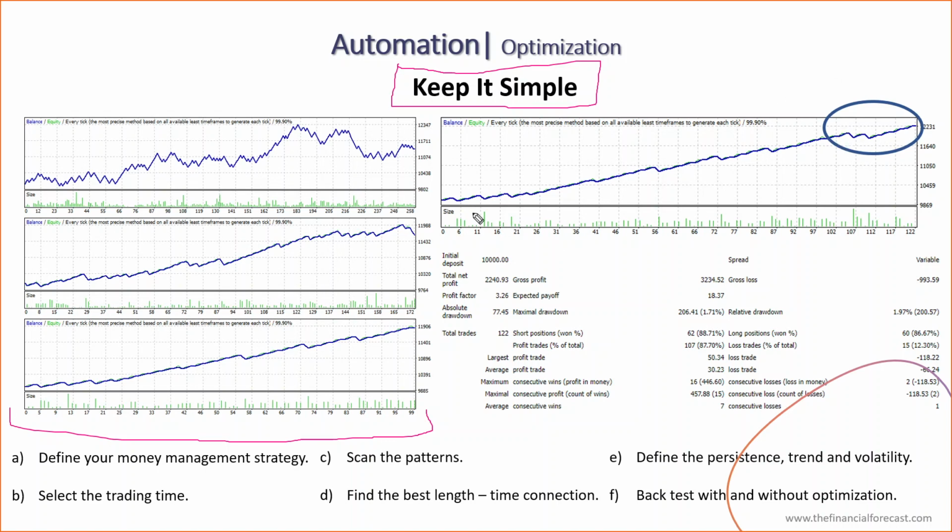And then we see a nice continuation of the trend and, of course, a positive result. So that is a good pattern, a good optimization. It's quite simple because we have one element to define the different characteristics, and it gives us 87% accuracy, 3.26 profit factor, 1.71 drawdown. So it's really a good strategy.